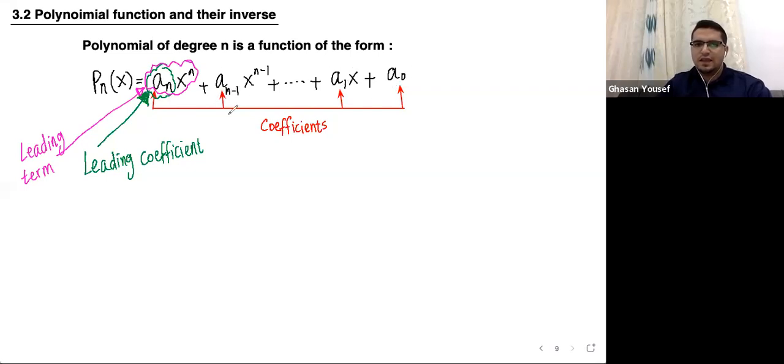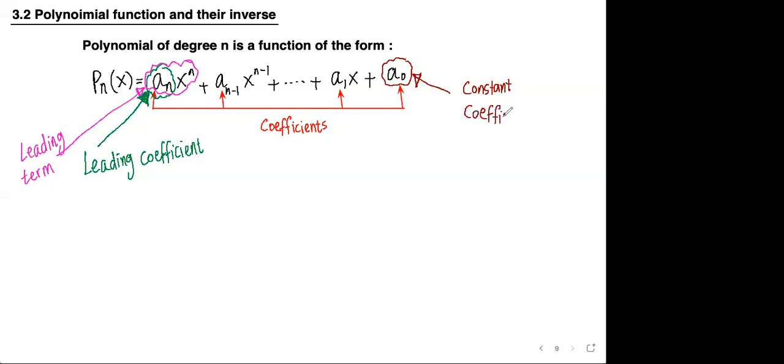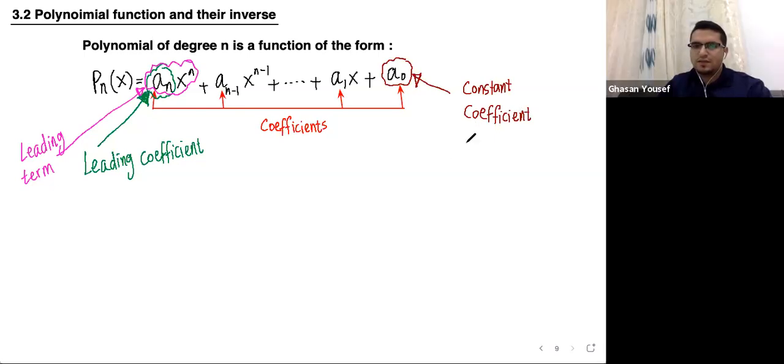All these a's are called coefficients. And at the same time, you should know this a_0 is called the constant coefficient. Also, it's called the constant term.